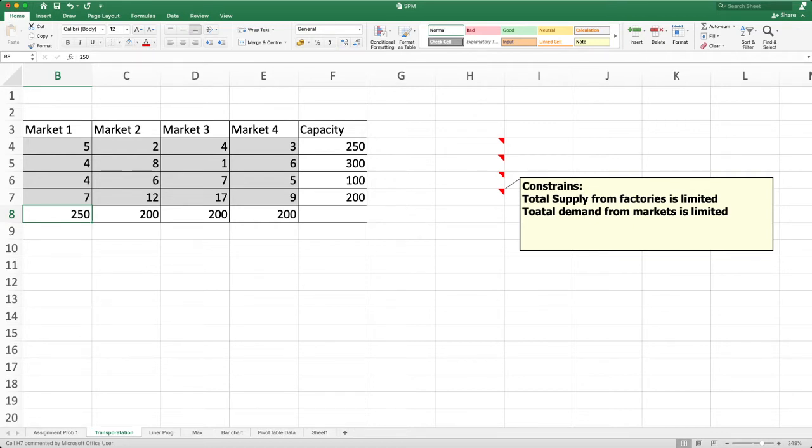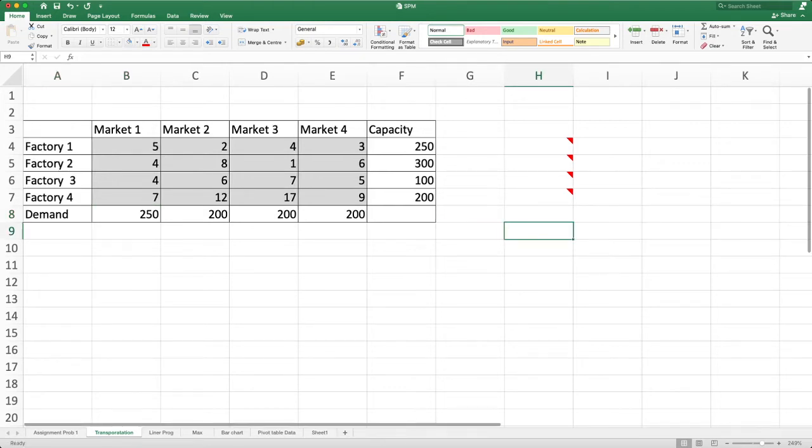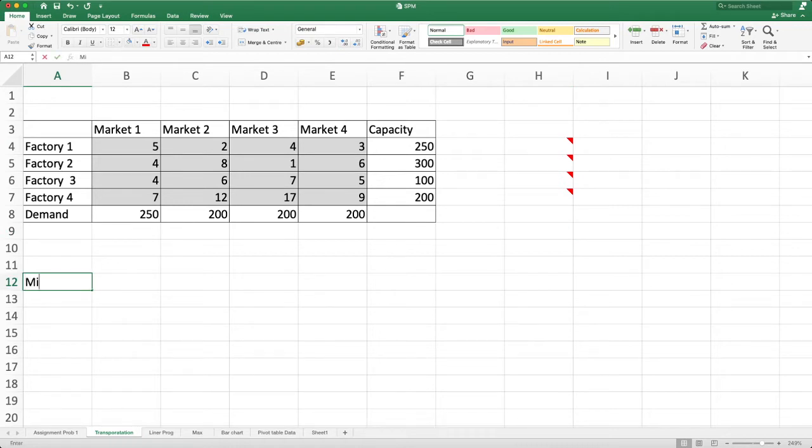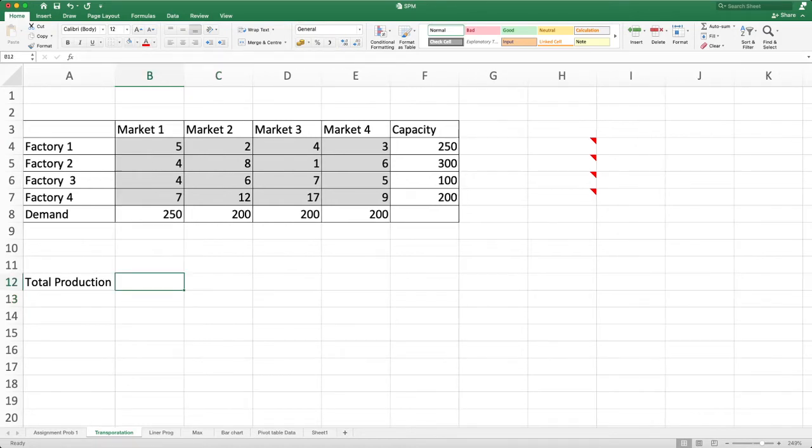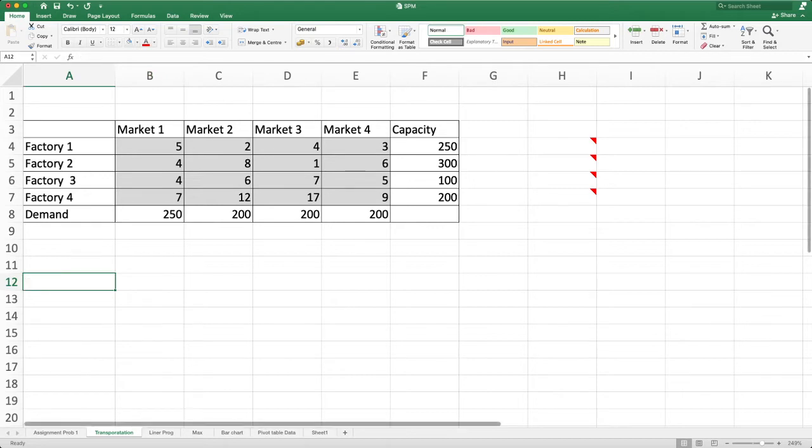So here we have to find the minimal total cost. We'll write it later.